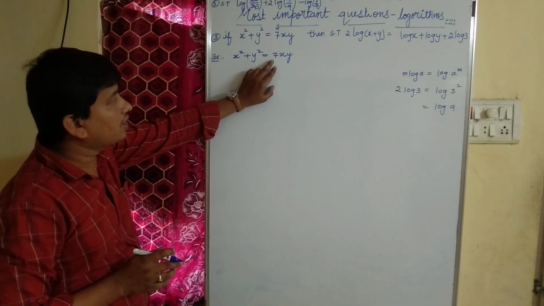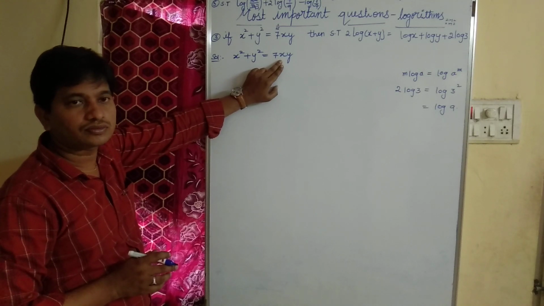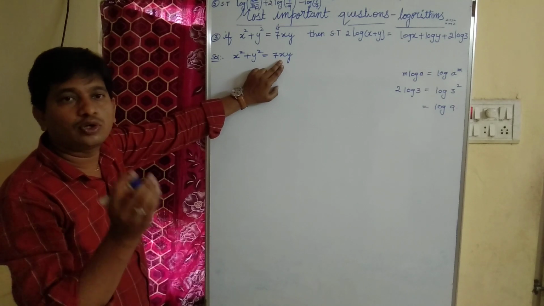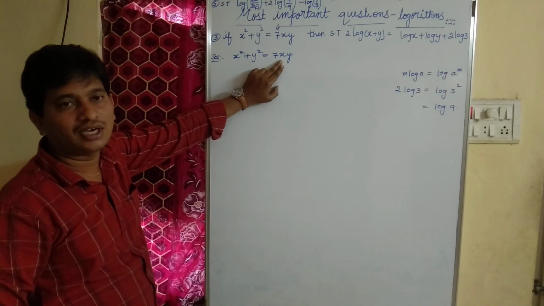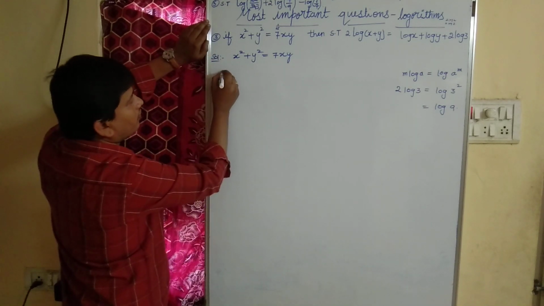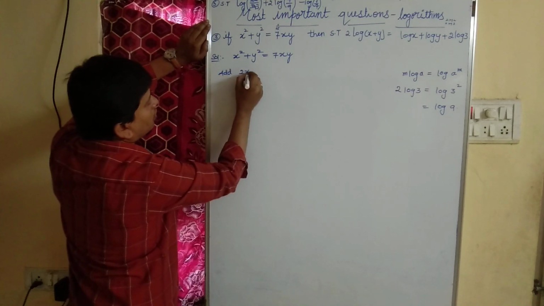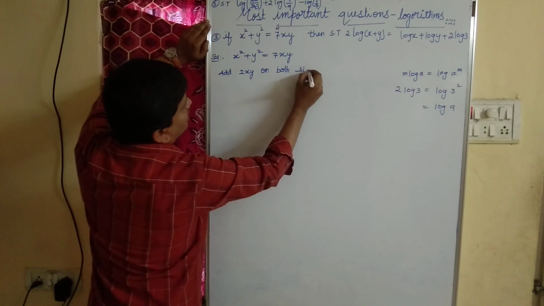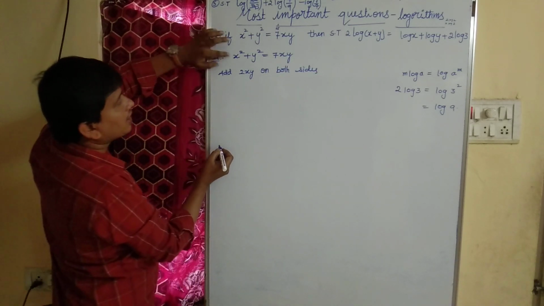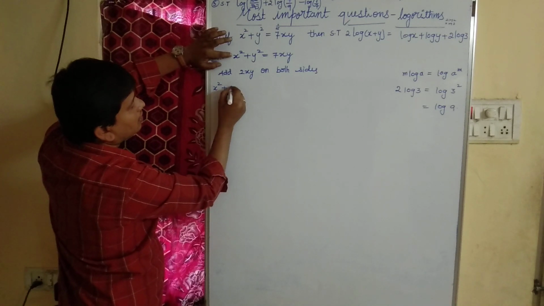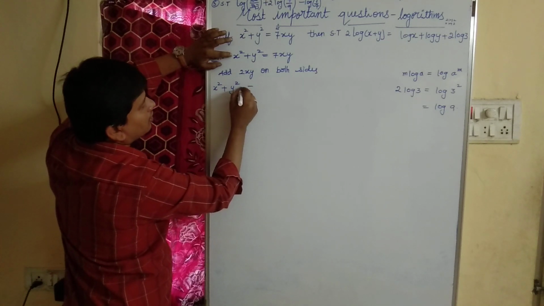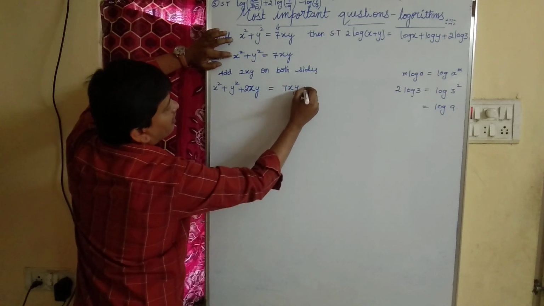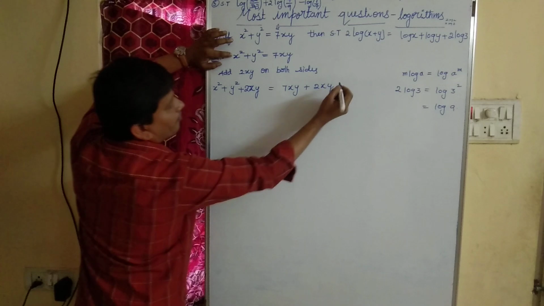Yes. Actually here we have 7xy. To get 9xy, what we need to do? We need to add 2xy on both sides. Are you understanding children? What we have to do? We need to add 2xy on both sides. That is x square plus y square plus 2xy equal to 7xy plus 2xy.